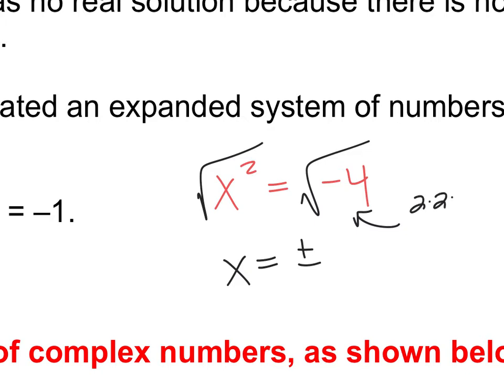Because 2 times 2 is 4, and -2 times -2 is also +4. So in terms of a square root of a negative, we would always just say there's no solution.